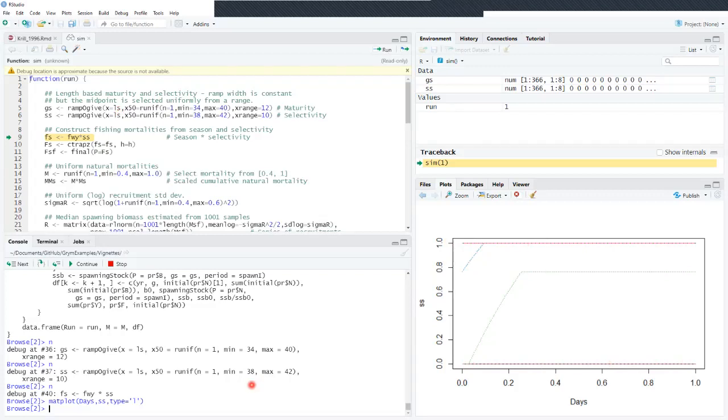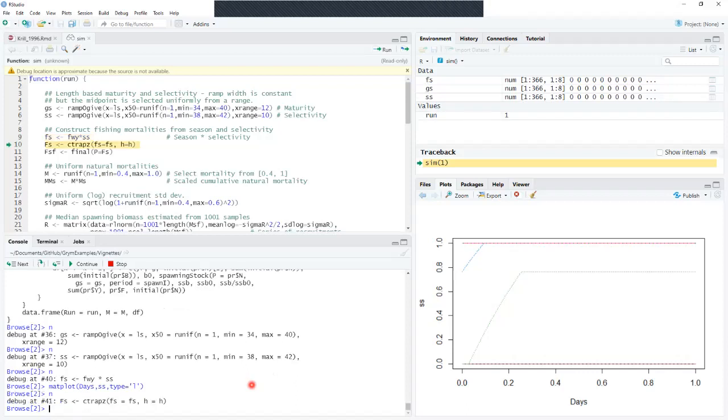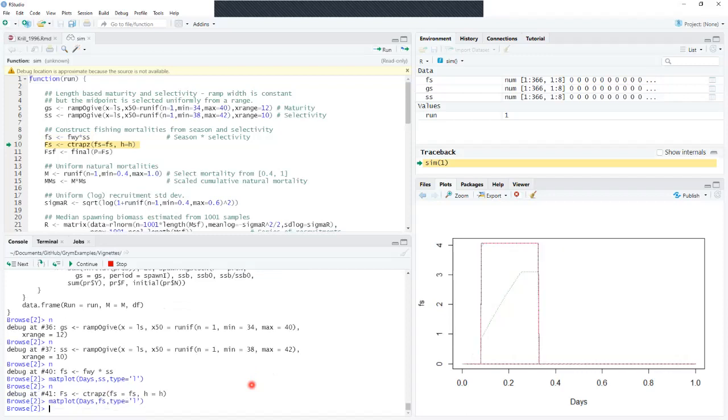And then there's a bunch of age classes that are literally fully selected. We calculate our within-year instantaneous fishing mortality by basically combining the season with the selectivity data. So if we plot these Fs, this is our instantaneous fishing mortality. So you can kind of see there were a bunch of things that were fully selected, and now, in the fishing season, they're fully selected, but of course, out of the fishing season, nothing gets taken.